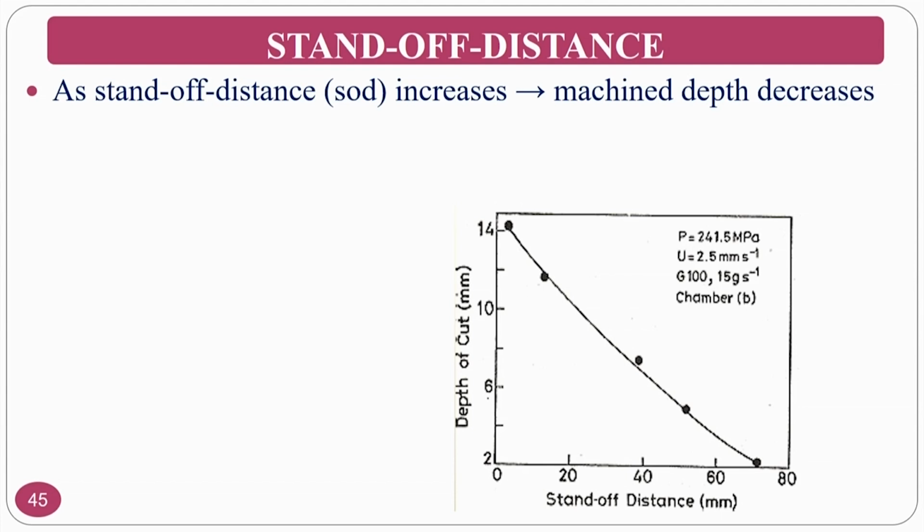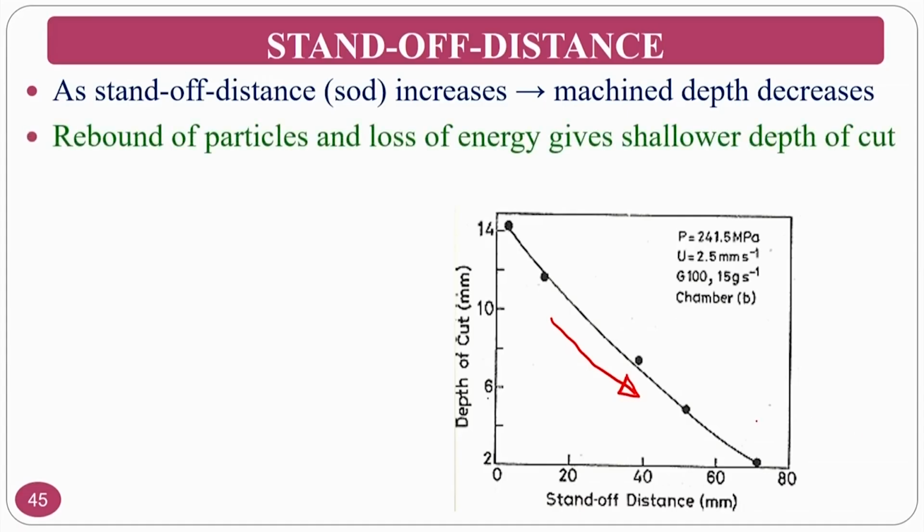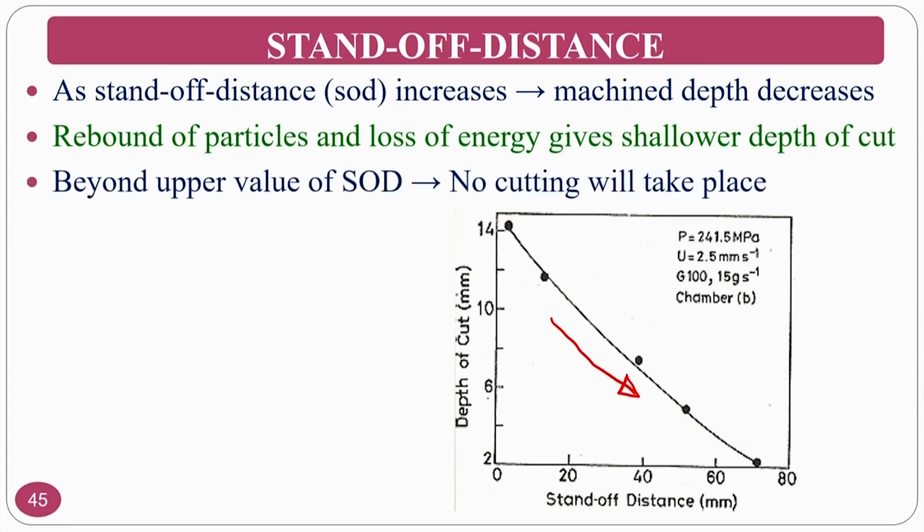The pressure difference will be more and more, and if the distance keeps increasing, the depth of cut will gradually reduce. At the same time, rebound of the particles and loss of energy give a shallow depth of cut if the distance is more. Beyond the upper value of stand up distance, no cutting will take place.